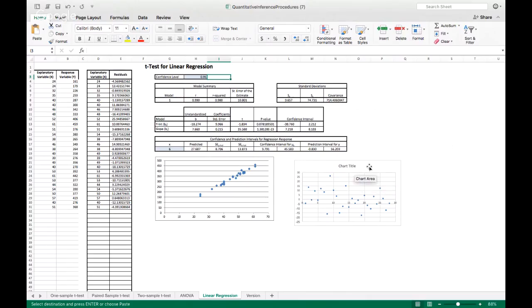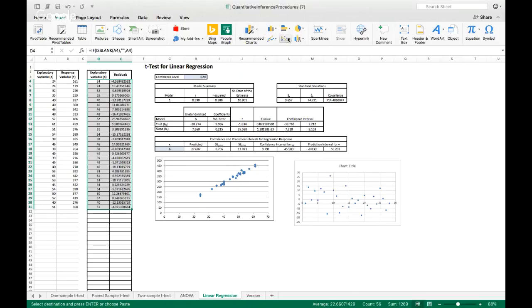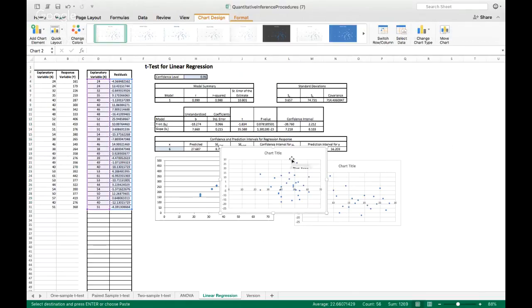I made that scatter plot by highlighting these, and then I went into insert, scatter plot, scatter. Oh, I see. Okay. I needed to make a new one anyways.